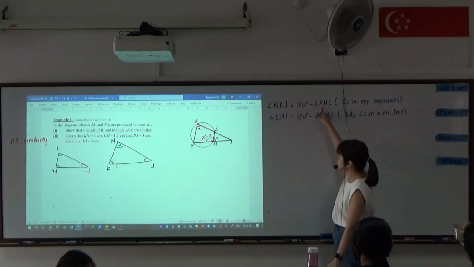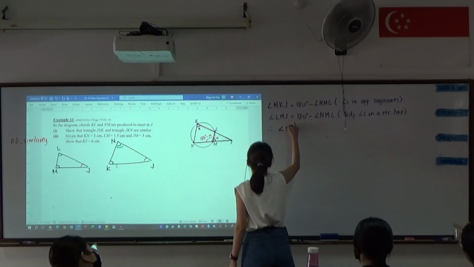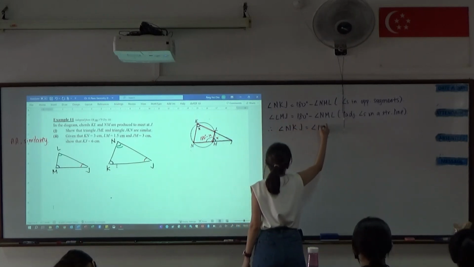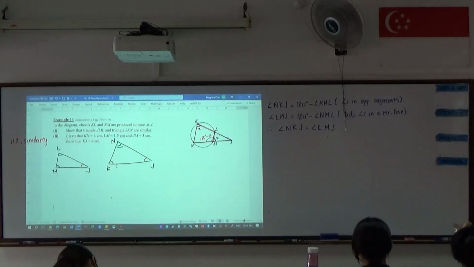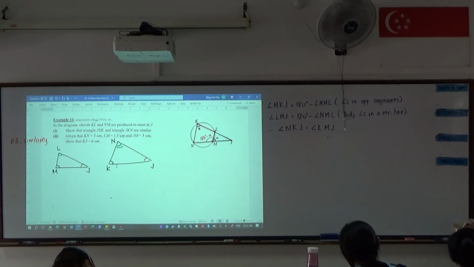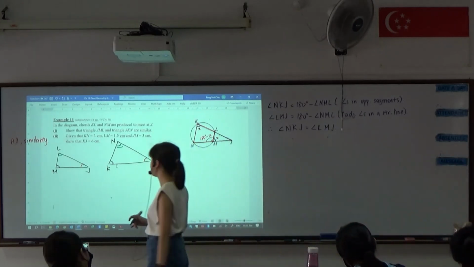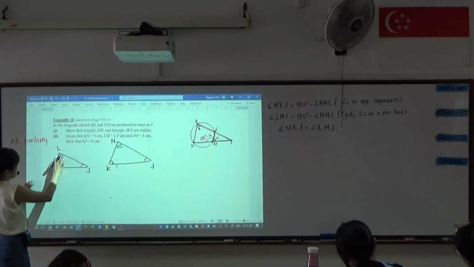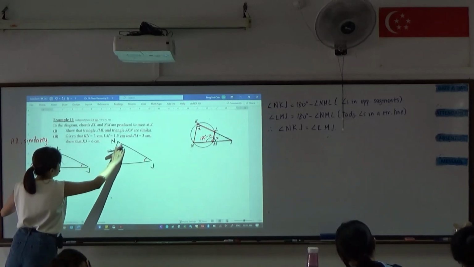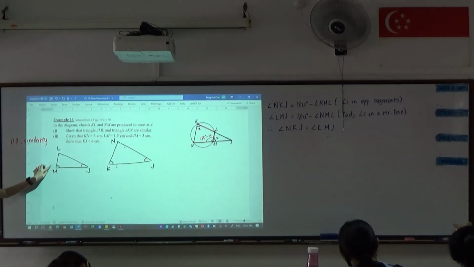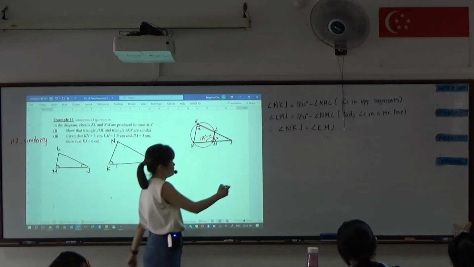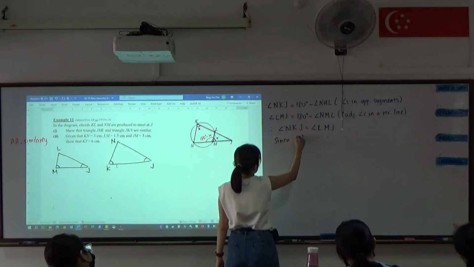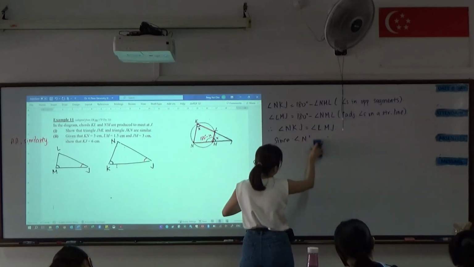Exactly the same over here. We see that our NKJ is equal to LMJ. So these two angles are equal, and then the one that is given. So we write that down.